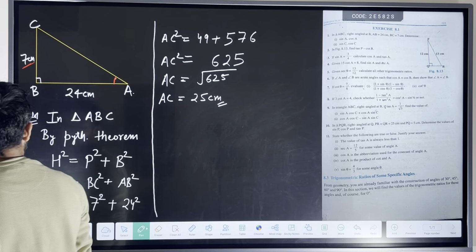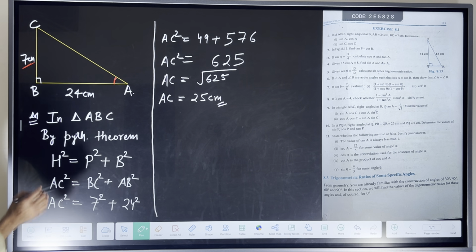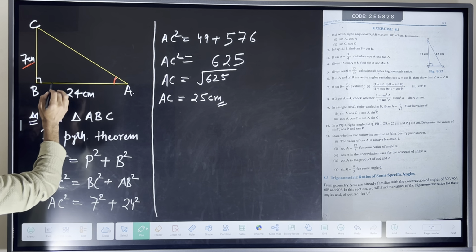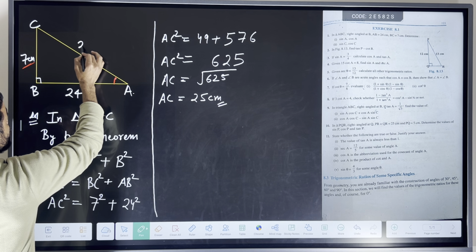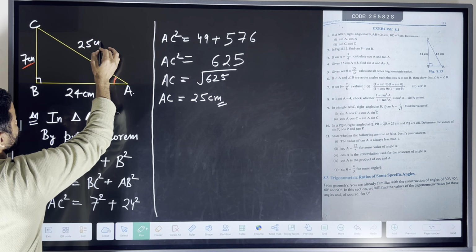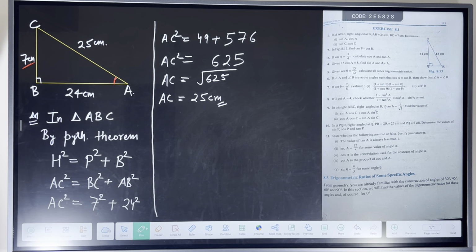Now we have all three sides of the triangle: 7 centimeter, 24 centimeter and 25 centimeter.